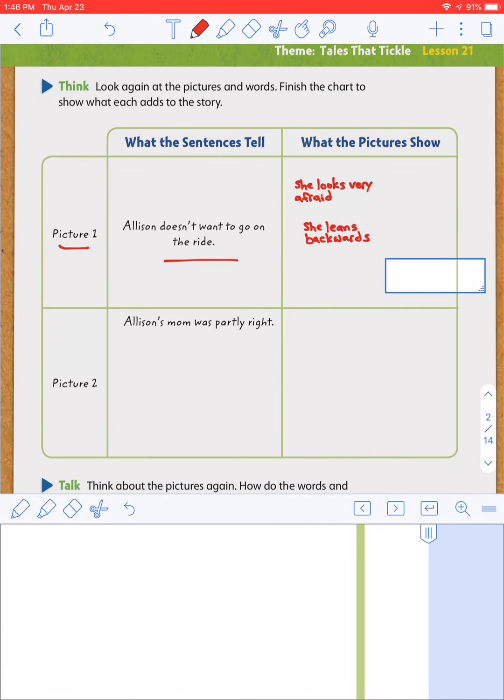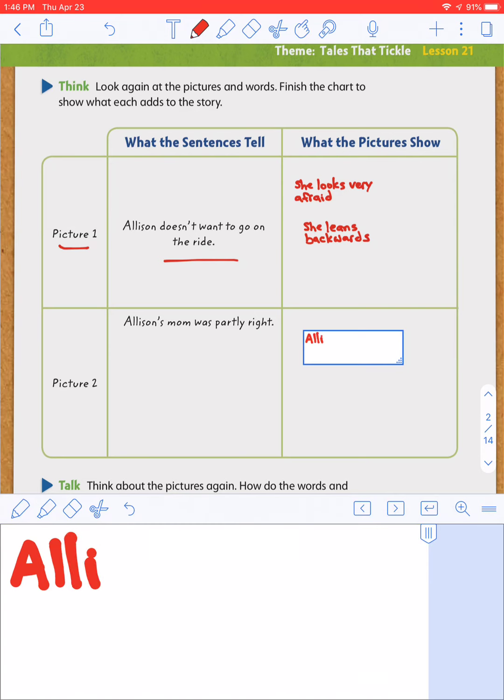Okay, now picture 2, the sentence tells me that Allison's mom was partly right, and partly is a big word here. Okay, but then the picture tells me that Allison had fun.